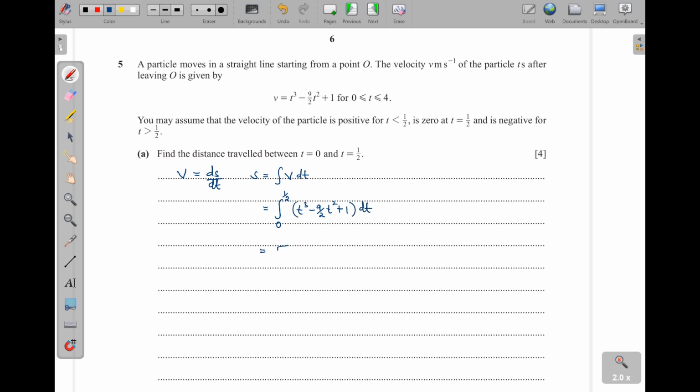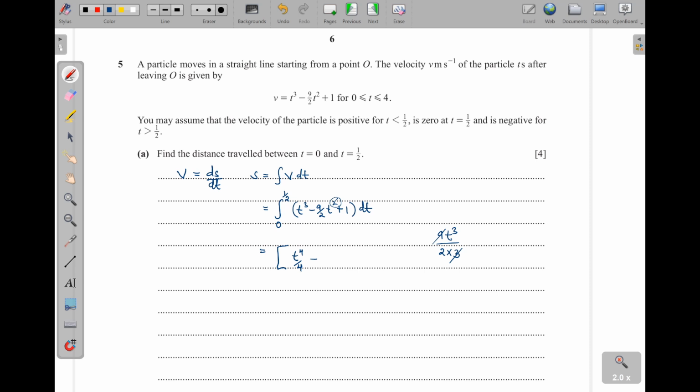Then when we integrate this, remember, you remove the integral sign. Now, increase the power by 1, you divide by the new power. This will be t power 4 over 4. Then minus, this will be 3 here. When we increase that power, so 9 over 2, t cubed over 3, this 3 goes into the 9 three times.